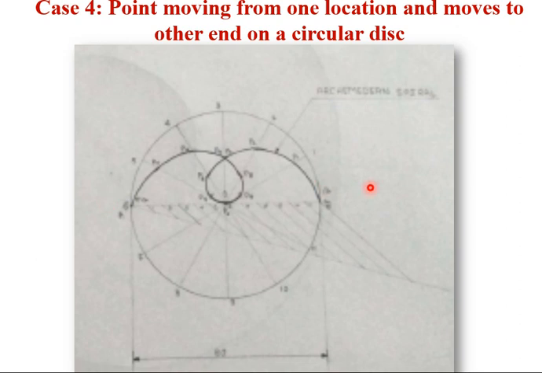So here you can show such a type of arrow as far as the disc is rotating in the anti-clockwise manner. Okay, so here one very important thing is you have to divide this whole 80 millimeter into 12 equal parts.